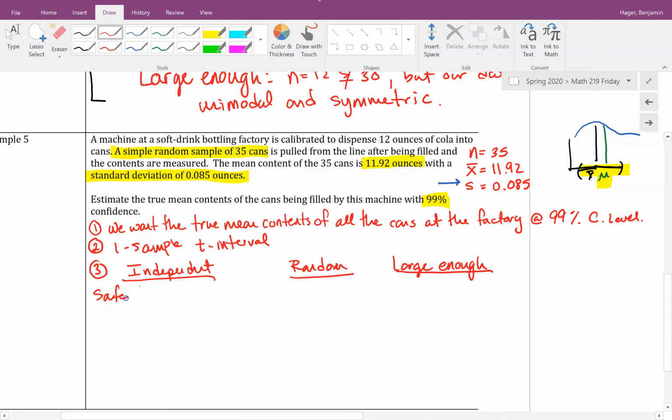Safe to assume 35 is less than 5% of all the cans. So we're not even going to debate whether it is independent. We're going to say it doesn't matter, so I treat it as independent.